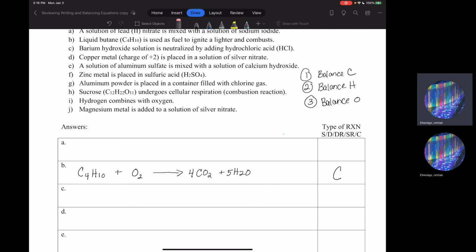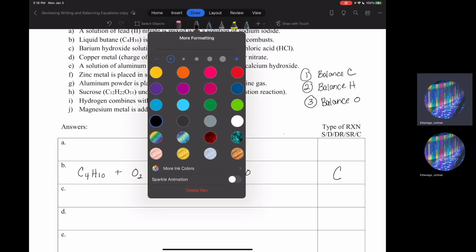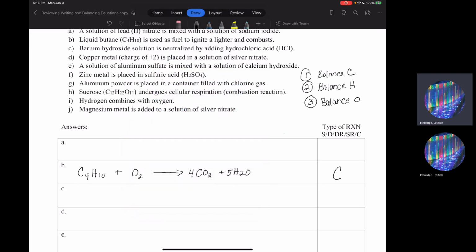Okay, so the question I want to ask you is, how many oxygens do we have that we need to balance? We have 4 times 2, which is 8 oxygen here, and then we have 5 times 1, which is 5 oxygens here. Total oxygens that I need to balance, if you add them up, I'm hoping you remember how to add.